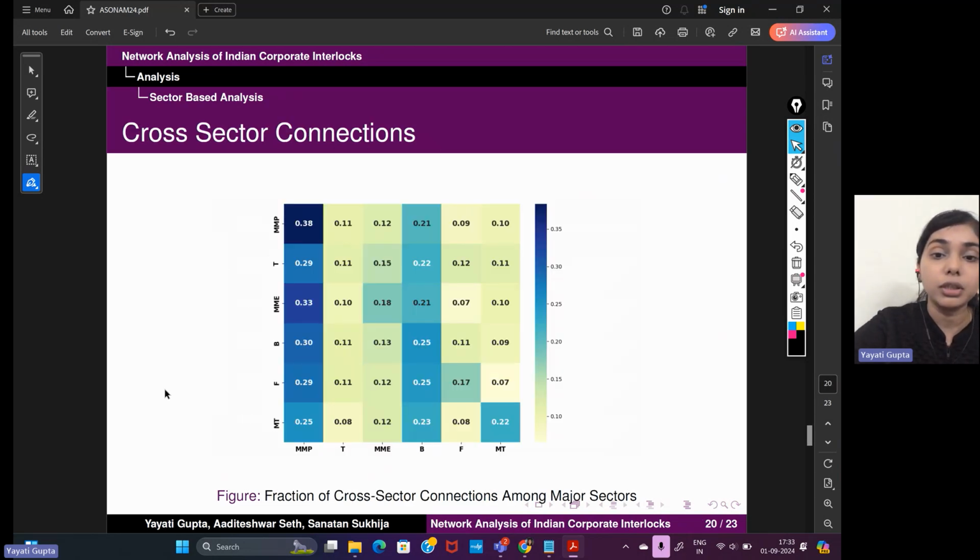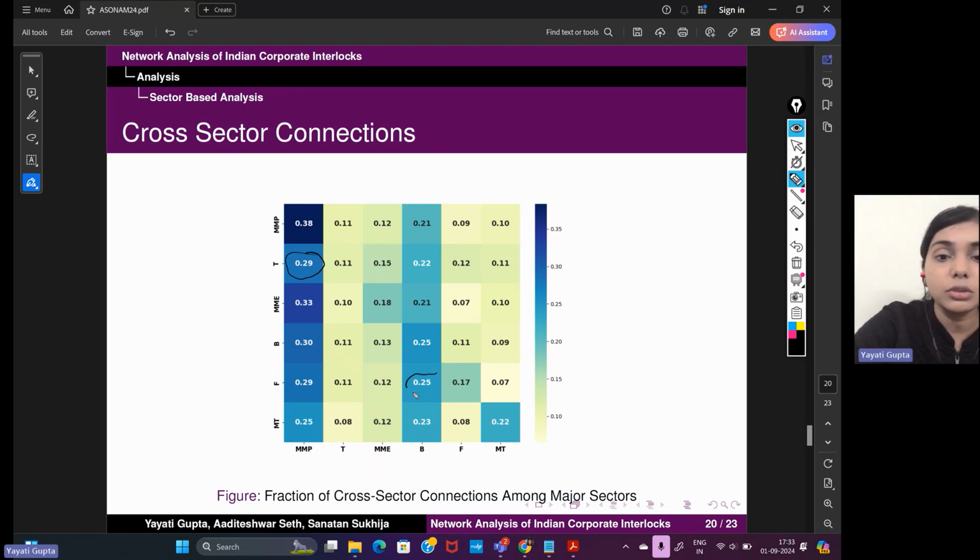To capture it further, here is a heat map to segregate it based on the sectors. If you look at a particular entry in this heat map, T is the trading sector here, M is the manufacturing metal sector. This particular cell shows, out of all the edges coming out of sector T, what fraction of them end in the manufacturing metals sector.